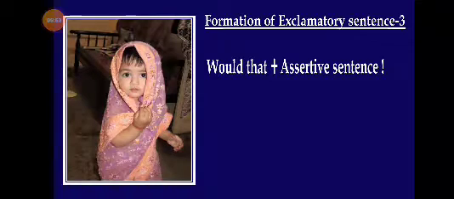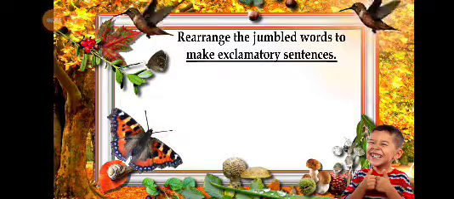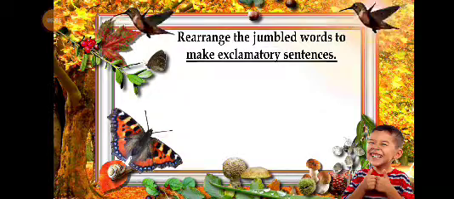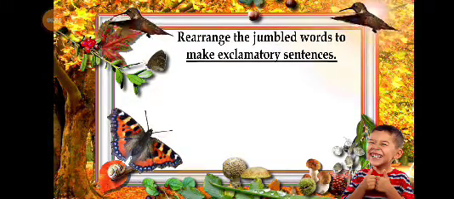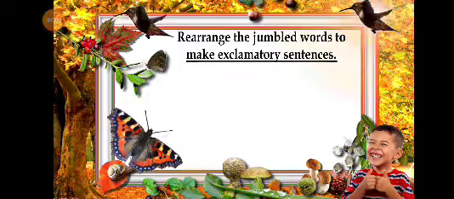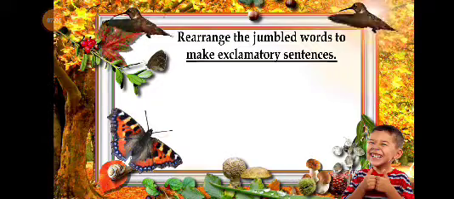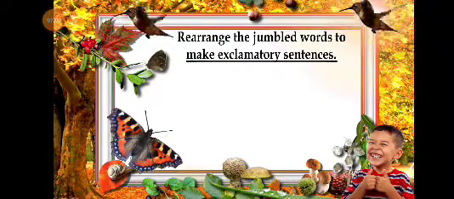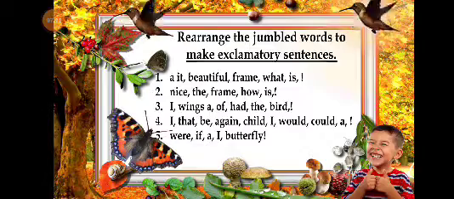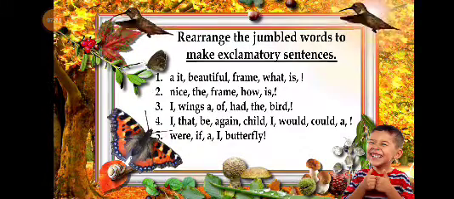And with the three formations of exclamatory sentences, now we are going to rearrange the jumbled words to make exclamatory sentences. Now look at the sentences. Number 1, eat beautiful frame what is.